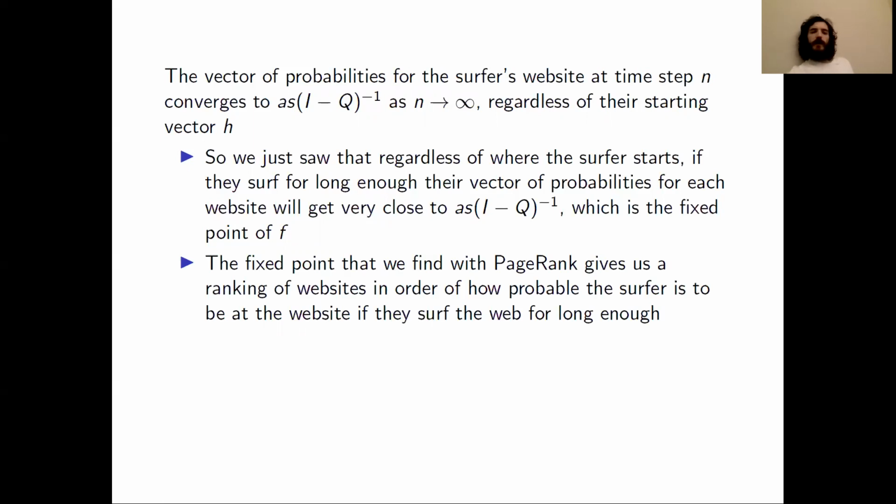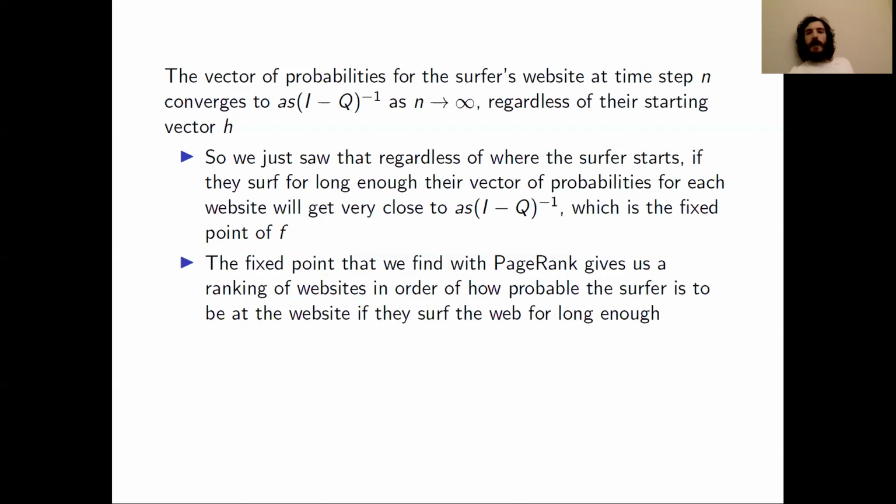So this fixed point that we're finding with PageRank gives us a ranking of websites, and the order of the ranking is just the order of how probable a surfer is to be at the website if they surf for long enough.